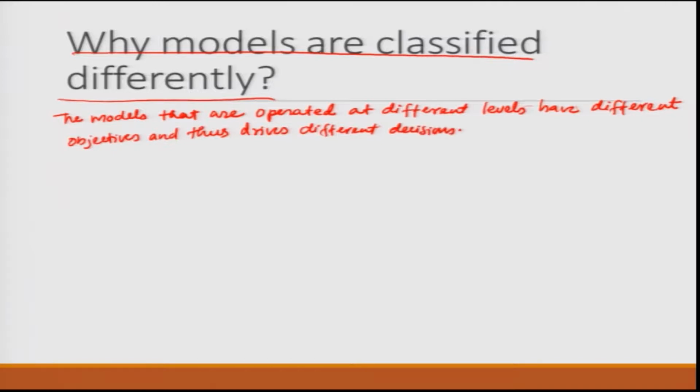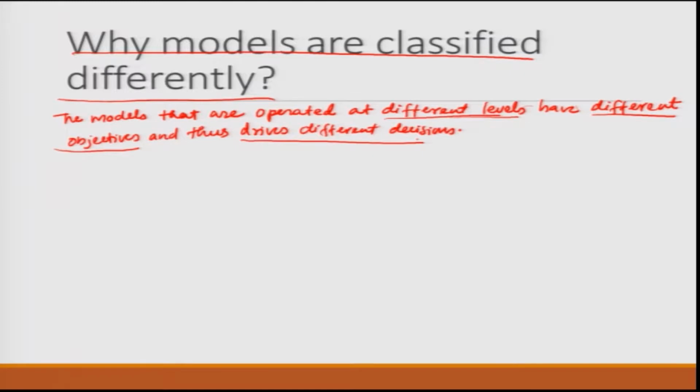So, the models that are built at different levels, whether it is at the network level or the control level or capability level, they will have different objectives. The objectives of the models are different, even though they might all be trying to do the same thing, and hence it will drive different decisions.